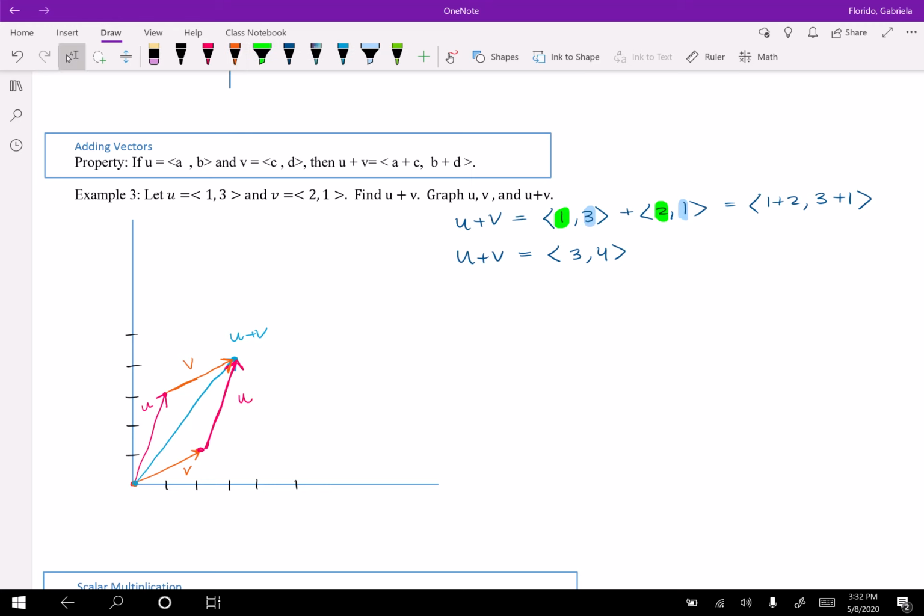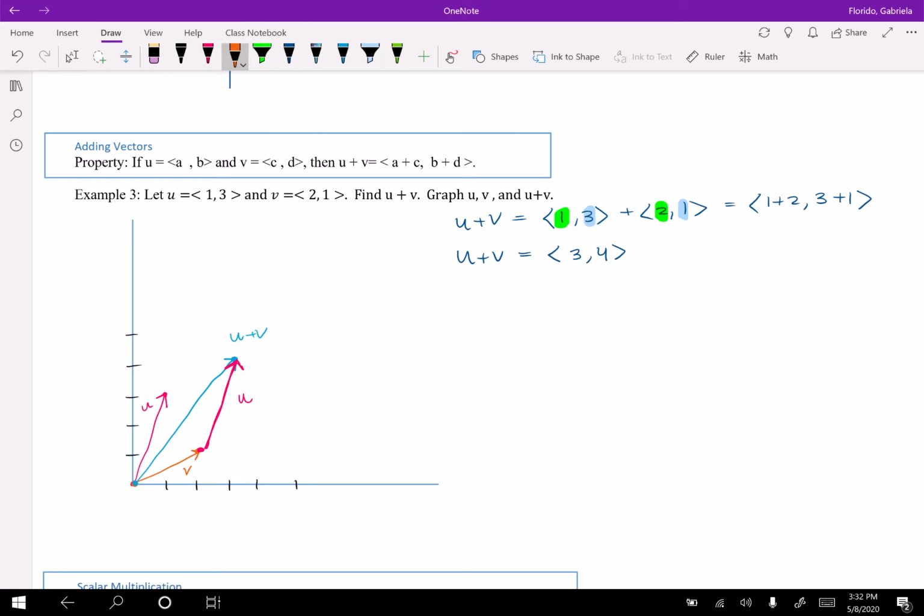So if I wanted to find u plus v graphically, all I had to do was move my vector v. Let me see if I could do it from the tablet here. It doesn't want to let me, but it's okay. Let me just show you again.